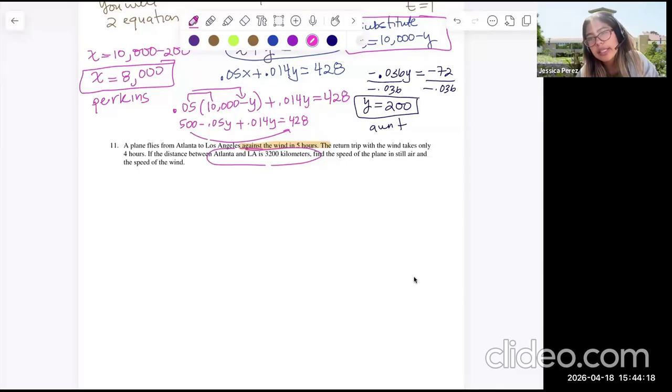And then you want to find the speed of the plane, still in air. So you have two different things. You have x to be the speed in the air, and then you have y, the speed of the wind.